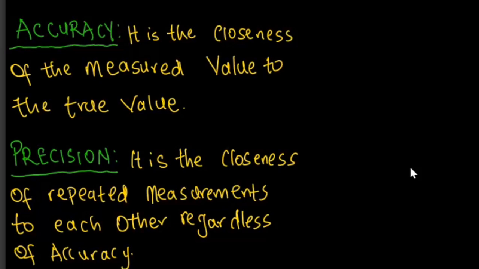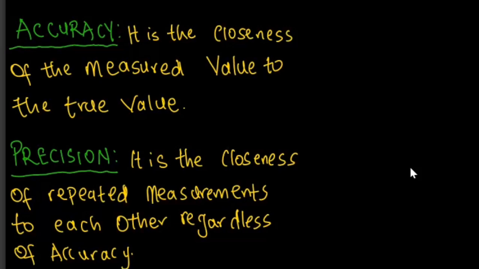But if another student obtains a value of 47.5 centimeters, that value is not accurate because 47.5 centimeters is far from 50 centimeters. So accuracy is just how close the value gotten from measurement is to the true or accepted value.